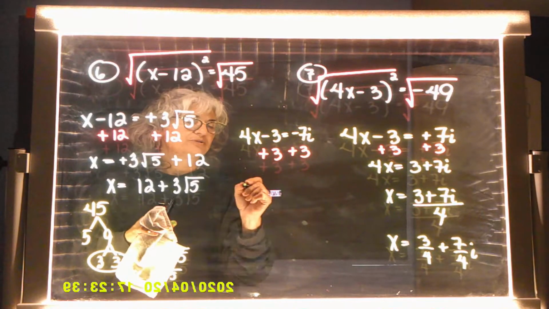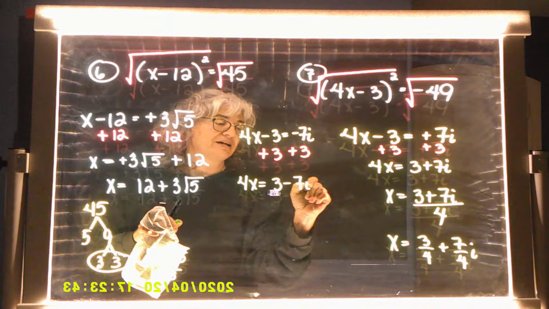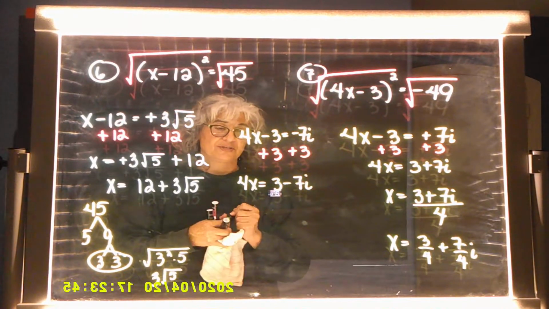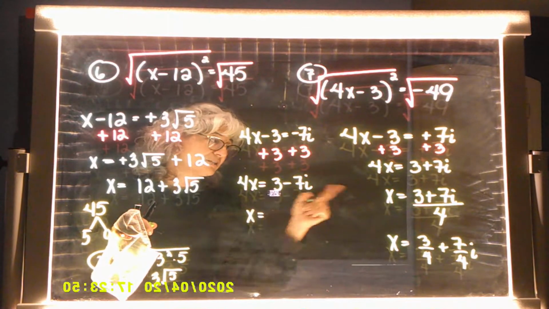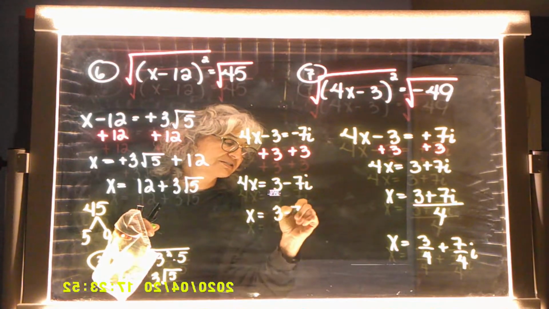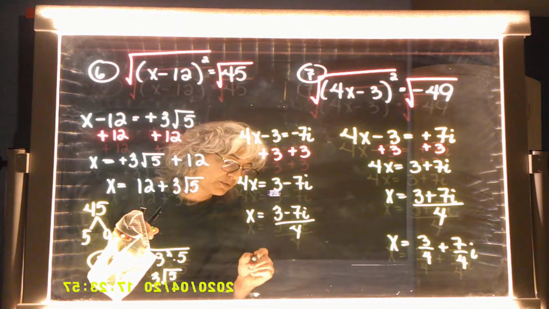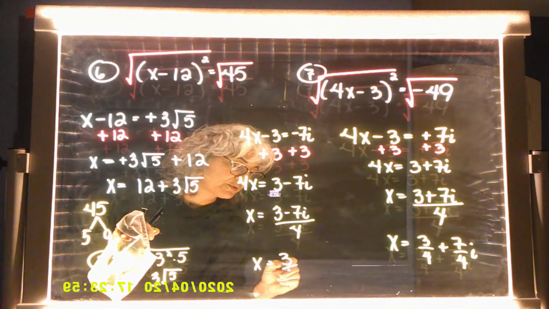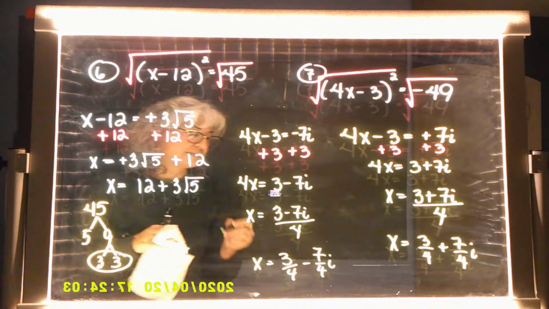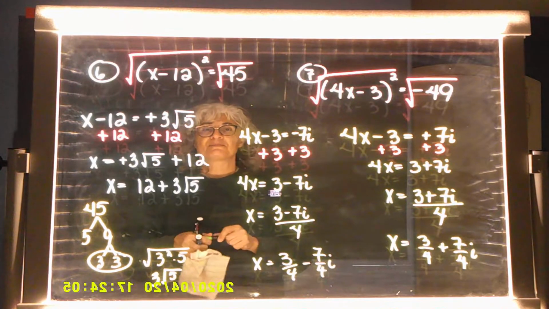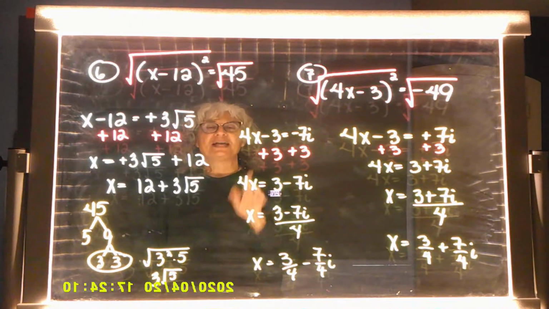Good, you cannot, which means I end up with 4x equaling 3 minus 7i. And then you've got to divide by 4, just like you did on the first answer. Agreed? But remember, you have to write them as 2 separate fractions, the real part first, the imaginary part second. Does this make sense? Okay, cool. Hang in there.